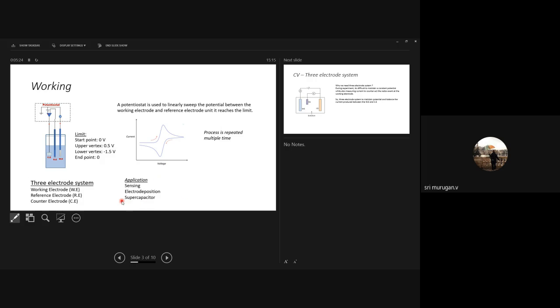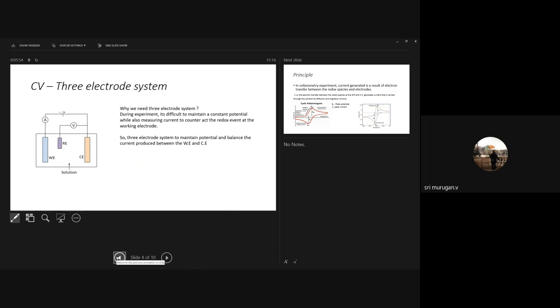Another application is the supercapacitor. If you are making a supercapacitor device and running a CV for that device, you will get a kind of rectangular CV graph. From that, you can measure the specific capacitance, and from the specific capacitance you can say how good your supercapacitor is.